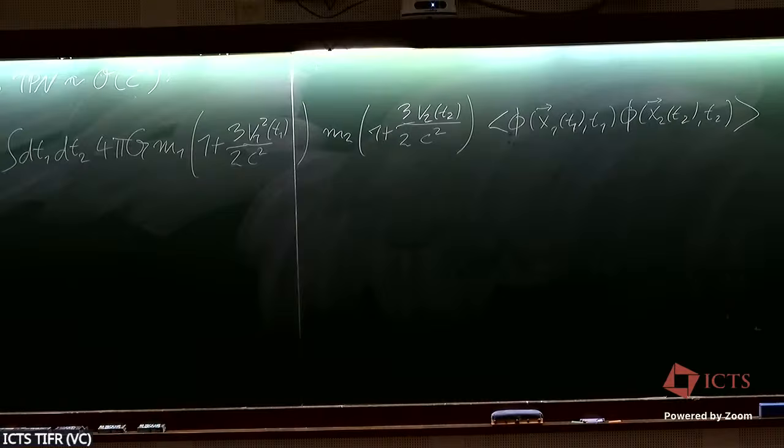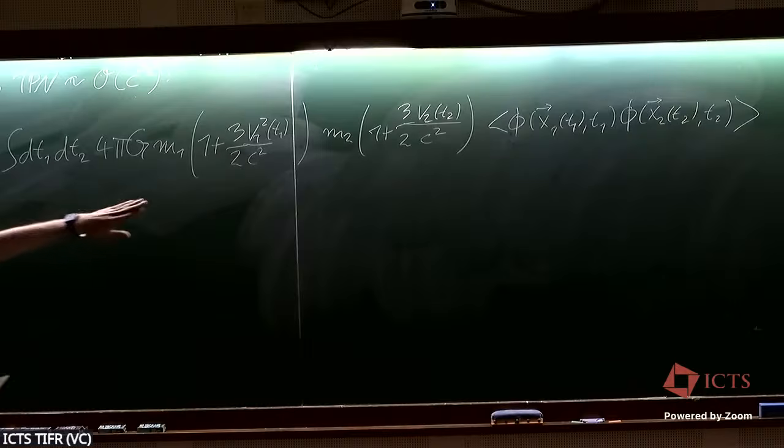Then you first have to look at the time derivatives and get rid of them until you just have deltas left. Typically, you have time derivatives acting on the deltas from the propagators. You need to get rid of them first, and then all times will be equal, and you will always be left with a single time integral. But it's important to keep track of the time derivatives in the calculation.